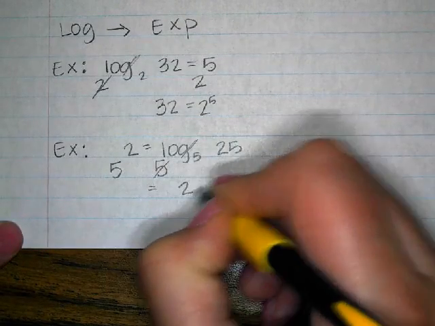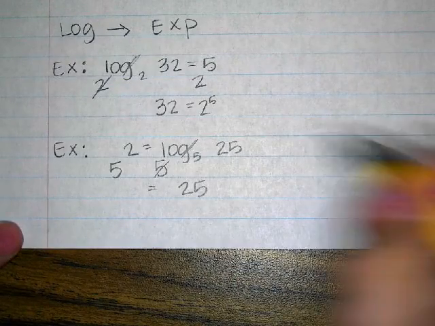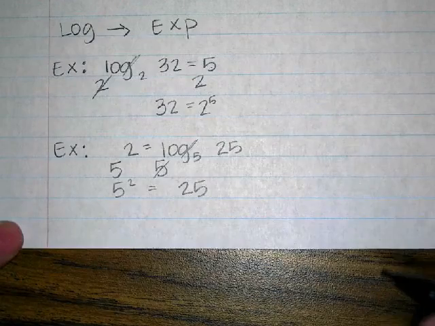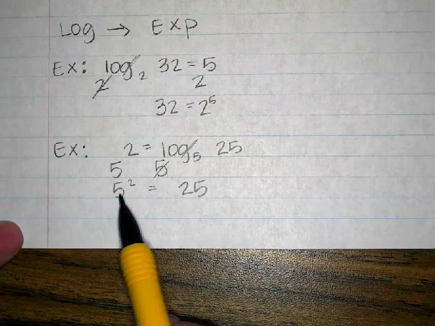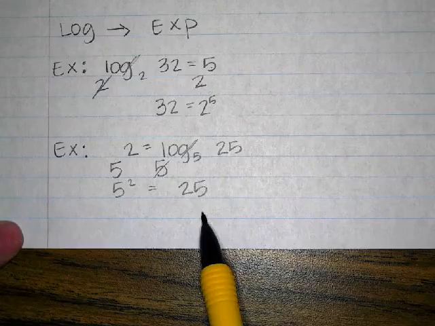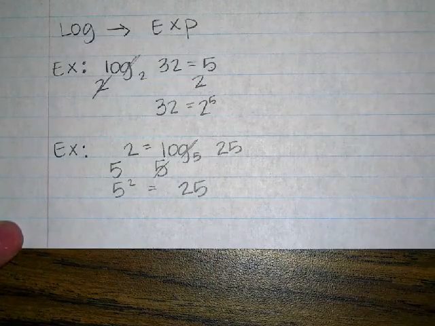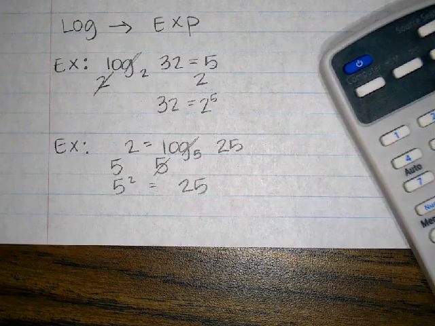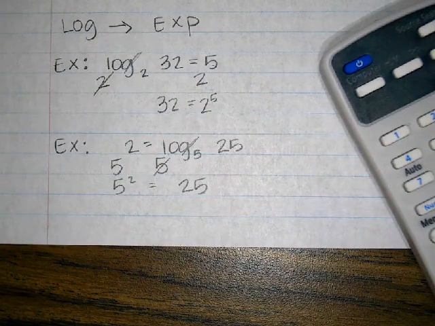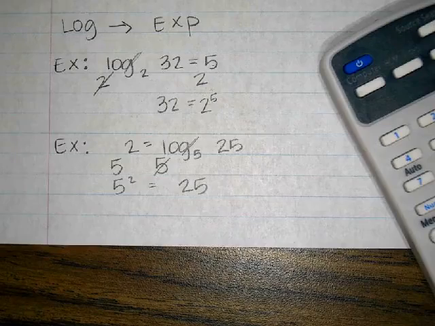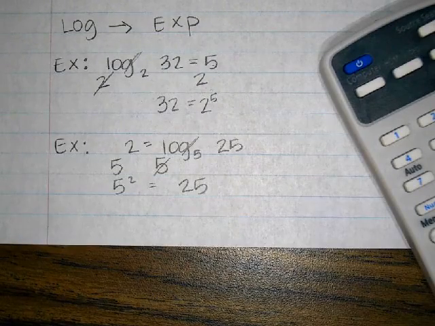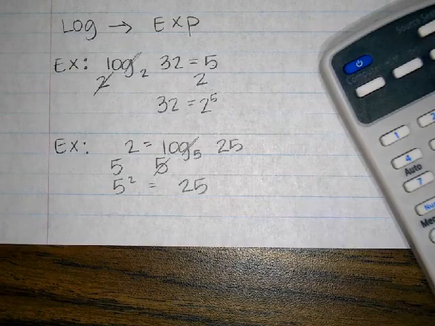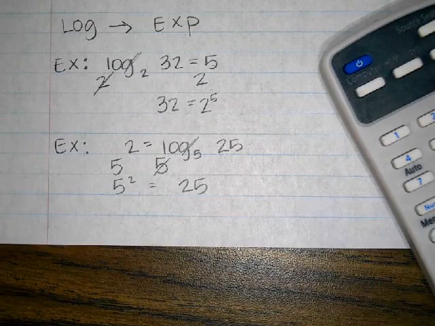Is it true that 5 to the 2nd power equals 25? Yes. So when we convert between the two forms, we just have to choose the base, and then we use it on each side. If it's an exponential problem, we do log with that base on each side. If it's a log problem, we take the exponential and make that the base on each side. Does that make sense?